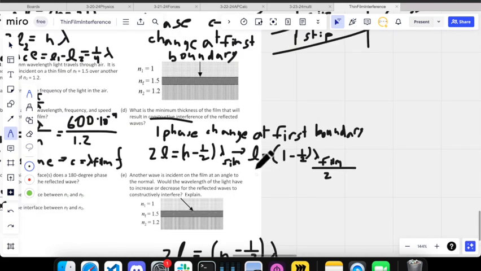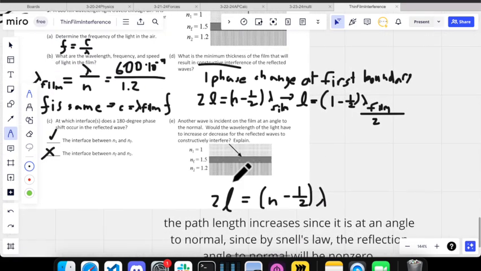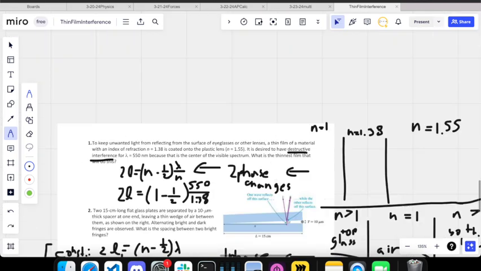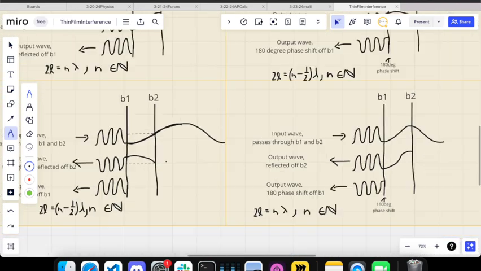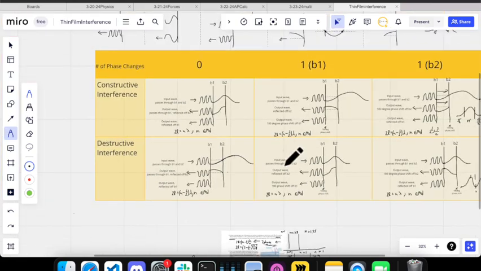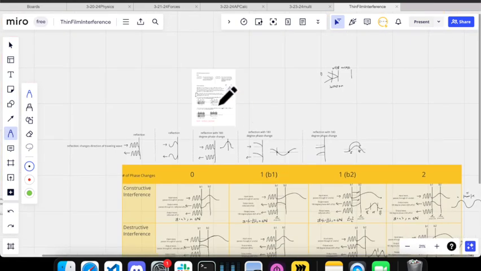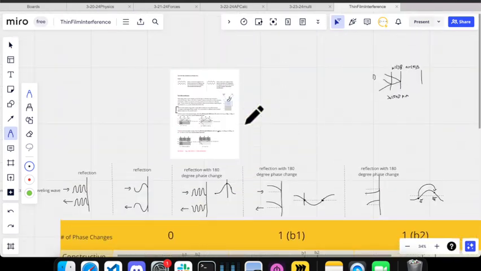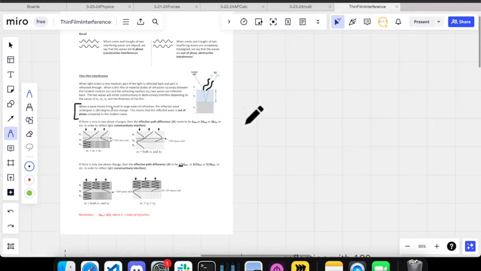And then looking at this last part, they're talking about this coming at an angle to the normal. And we've kind of not talked about that actually at all. Here we've kind of assumed everything's normal in all these examples. And with Snell's law, when the angle to the normal is 0, everything's kind of going to be nice and normal.